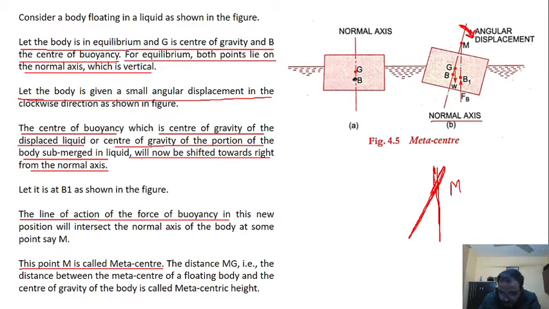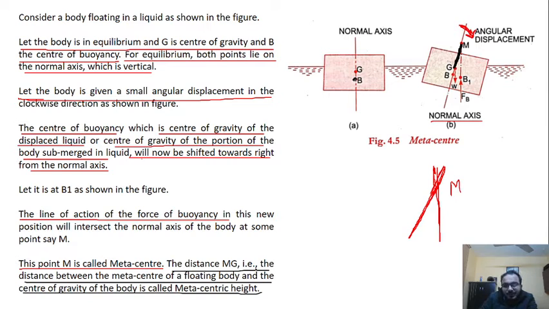Now the next point of discussion is the distance MG, that is this distance. The distance MG, the distance between the metacenter of the floating body and the center of gravity of the body, is known as the metacentric height.